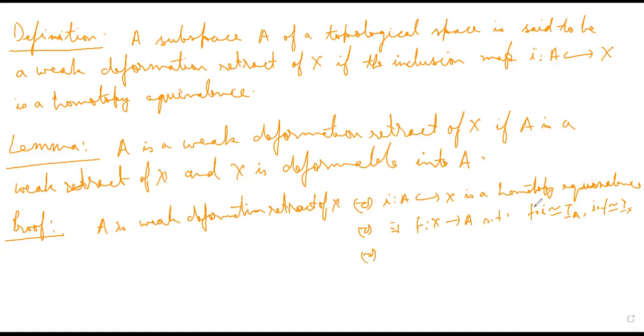Right? Now, from here you see i has a left homotopy inverse, which is f. But if the inclusion map has a left homotopy inverse, then A is called a weak retract of X. And we have seen that X is deformable into A if and only if the inclusion map has a right homotopy inverse. So we have both the things.